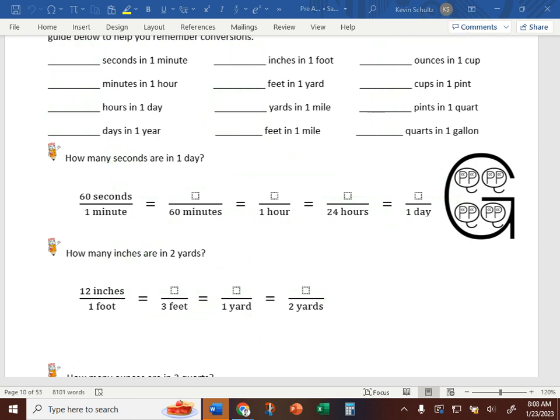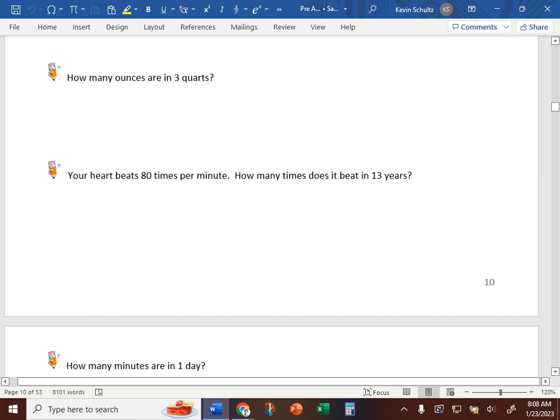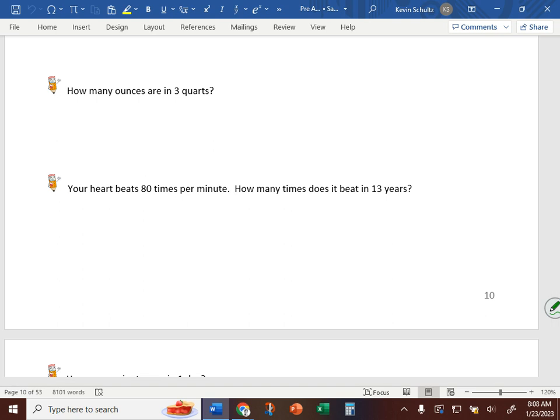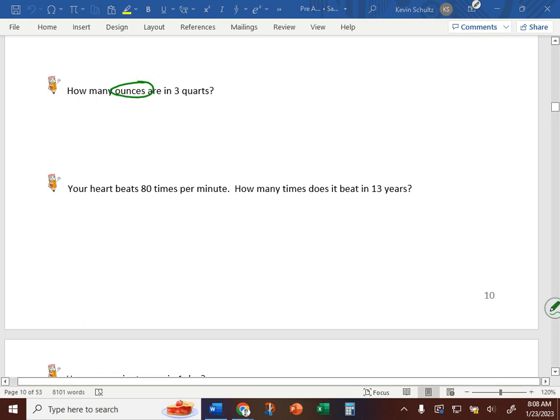Here we go. How many ounces are in 3 quarts? What's our first fraction going to be? What do we know about ounces? There's 8 ounces in the cup. Okay, so we're starting with, and actually the abbreviation, I'm not going to write the word out.